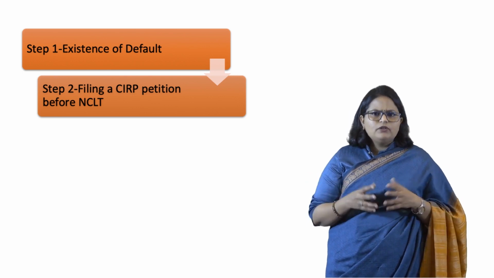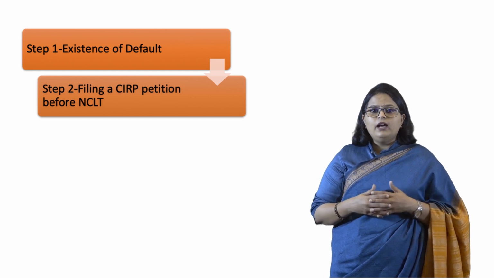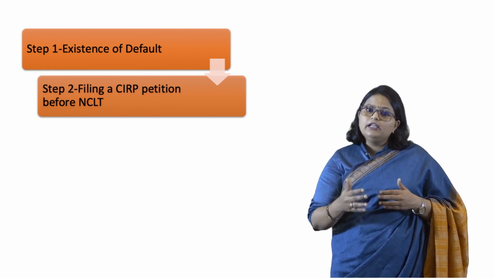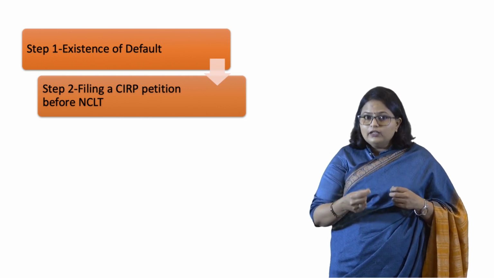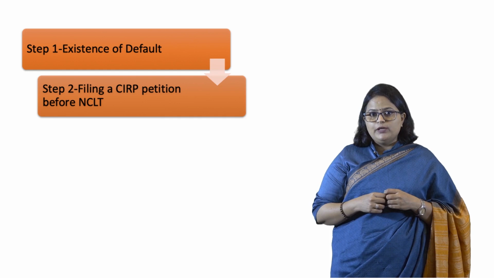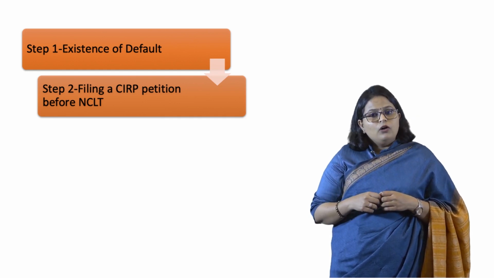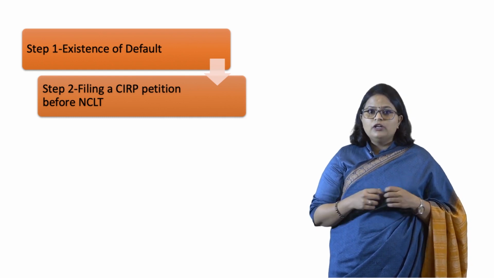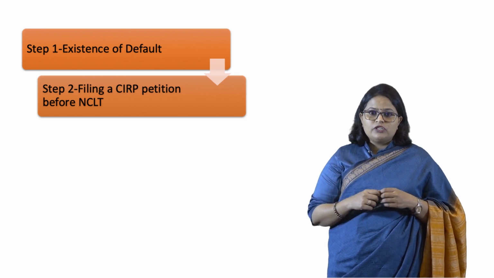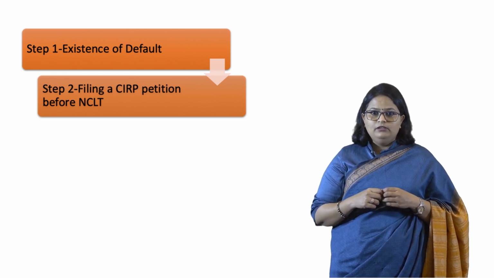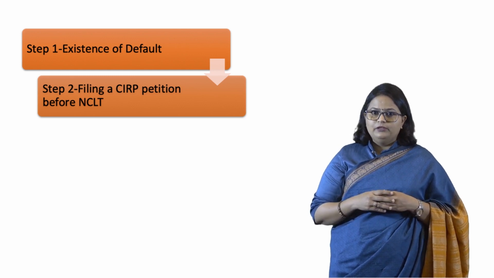So, let us say if the corporate debtor has taken loan from 3 banks and the default has occurred only towards bank 3, then not only bank 3 but even bank 1 can also file an application to NCLT for insolvency. The financial creditor shall along with this application furnish record of the default, the name of the resolution professional to be proposed as IRP, and any other information as may be specified by the board.